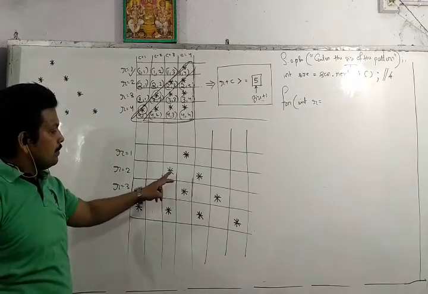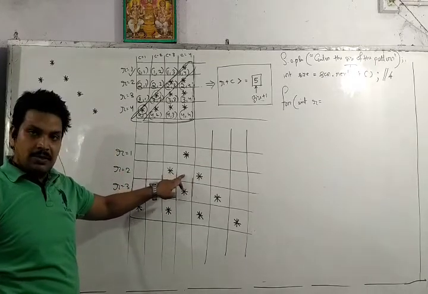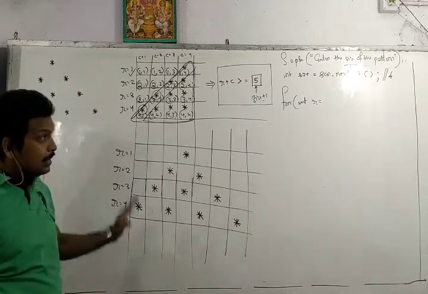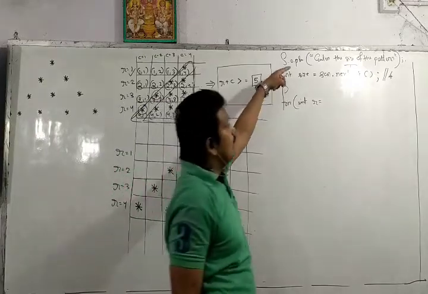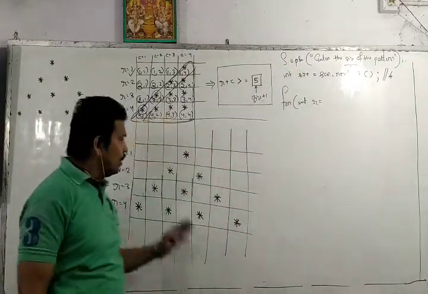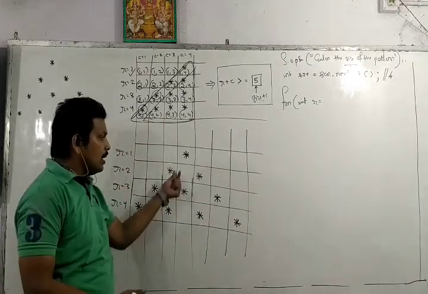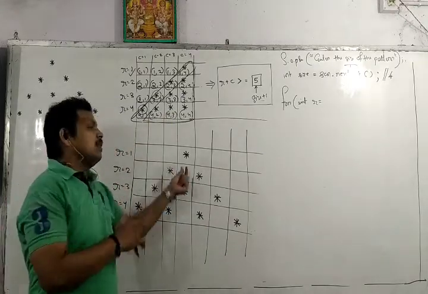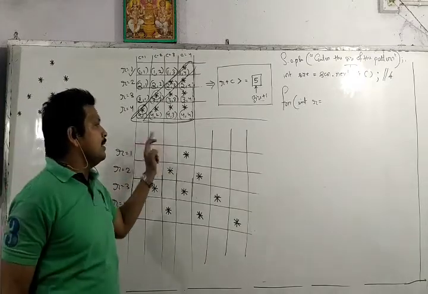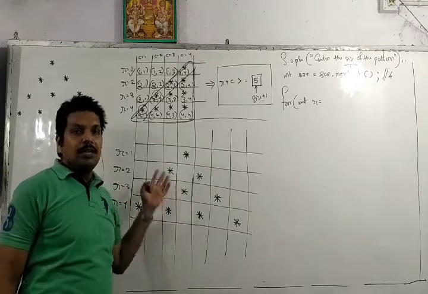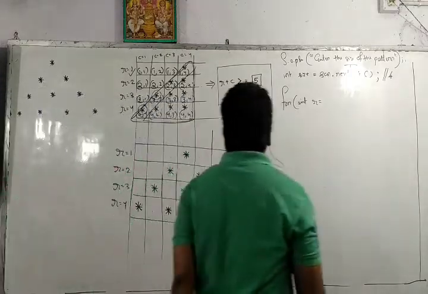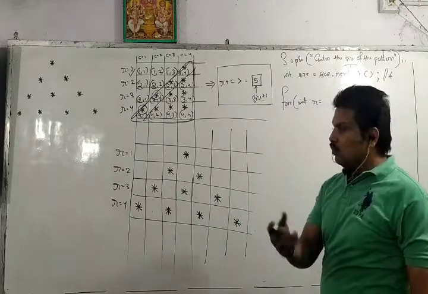Because we are printing one space just after the star, so the number of columns is increasing. That doesn't mean we will calculate the column size separately. Automatically the columns will increase if we are printing one space after the star. Clear? So I am not writing c is equal to 1 to 6, it will happen automatically. Let me write only r is equal to 1, 2, 3, 4 and c is equal to 1, 2, 3, 4.